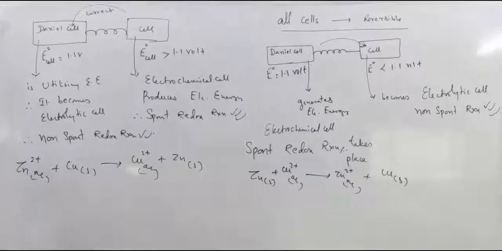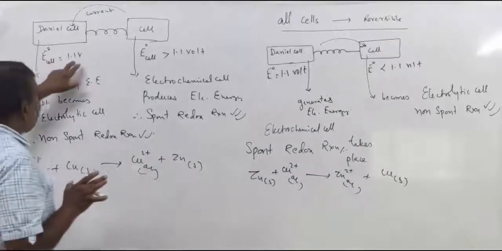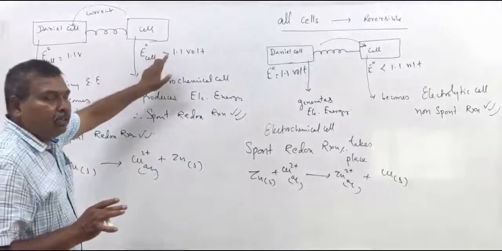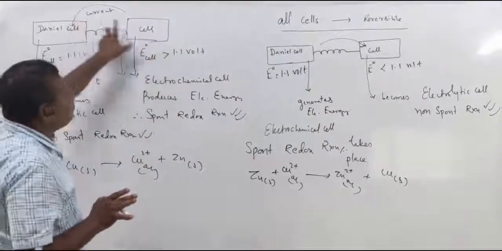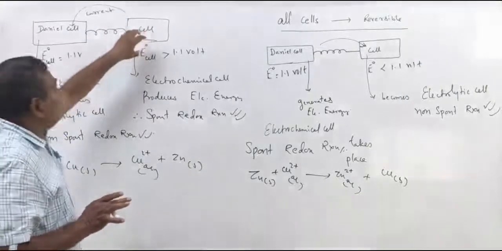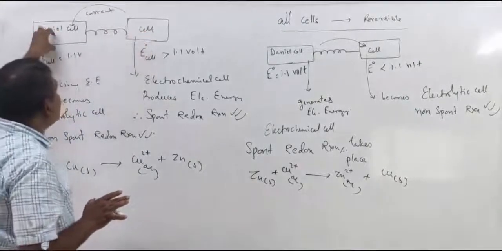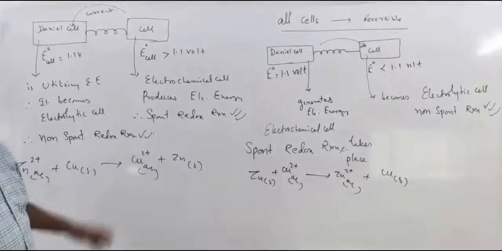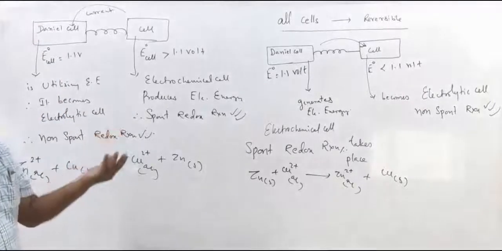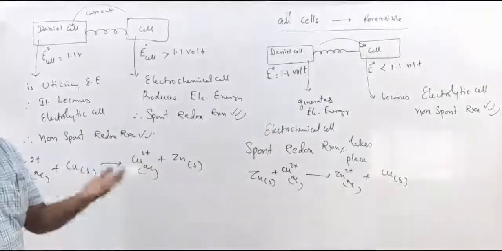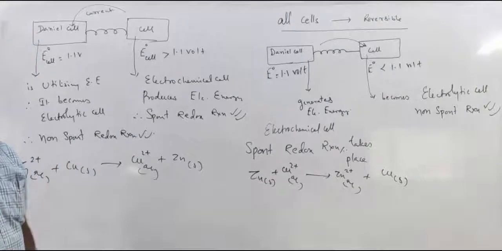Understood this? Because the EMF of the Daniell cell is 1.1 volt, and here the EMF of the other cell is more than that. Therefore, when these two cells are connected together, electrical energy enters in this cell. See, this you studied in thermodynamics also. What are spontaneous processes? Heat flows from high temperature to low temperature.